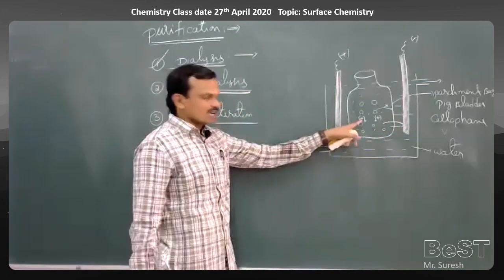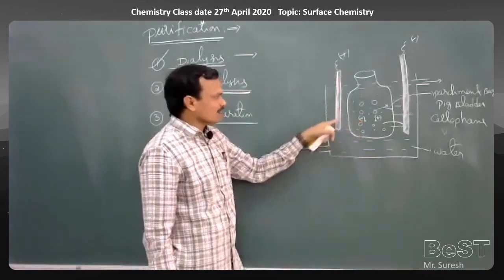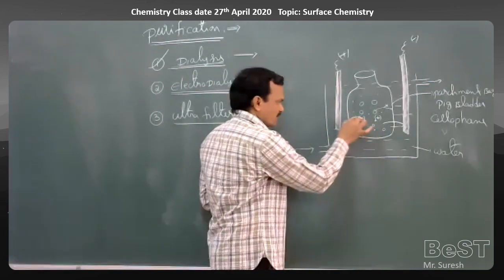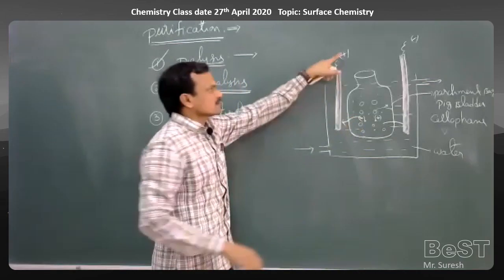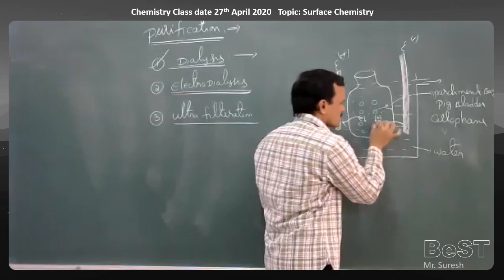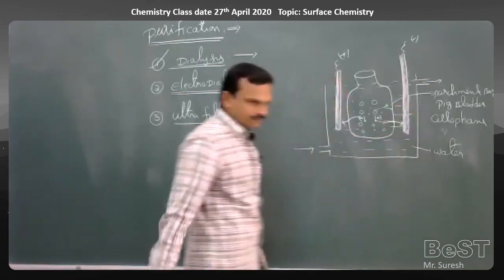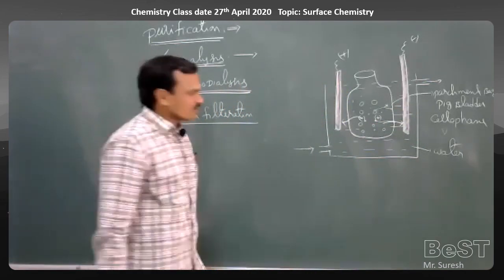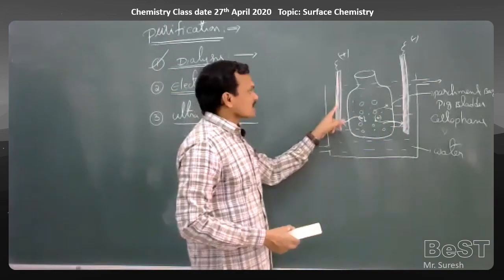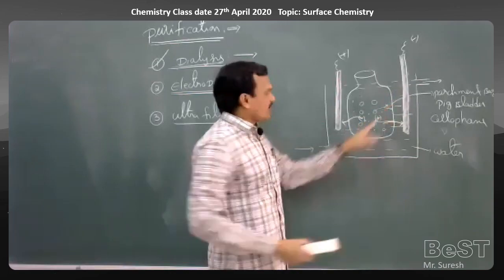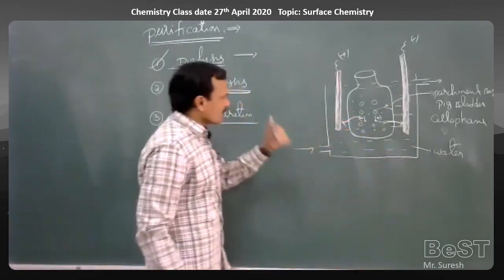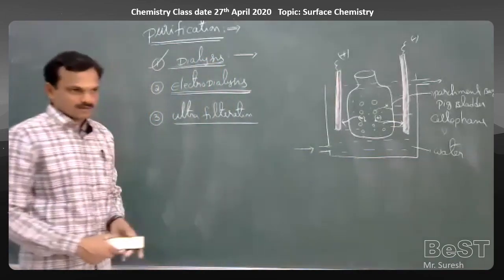The negatively charged particles are attracted by the positive pole, so these ions migrate towards the anode, whereas the positively charged particles migrate towards the cathode. As a result, the dialysis process is made faster. Under the influence of the electric field, the electrolyte particles will come out of the membrane more quickly compared to the earlier dialysis process.